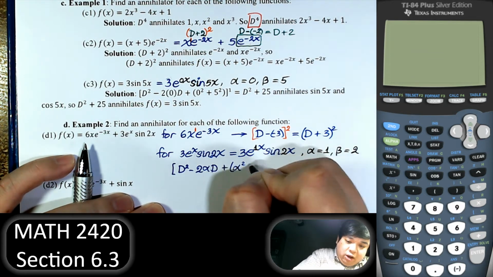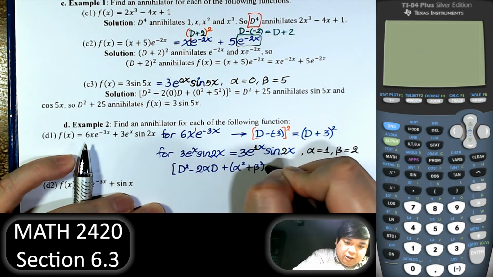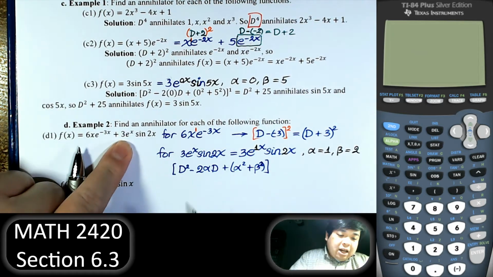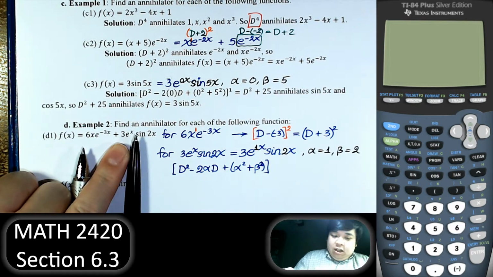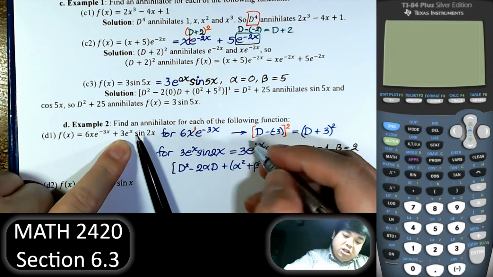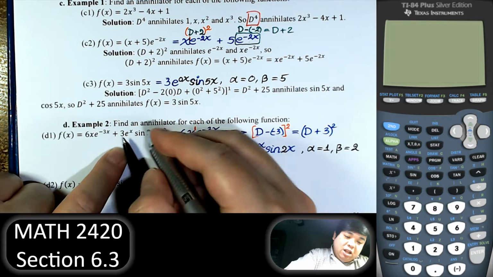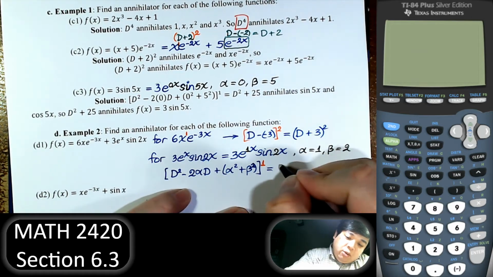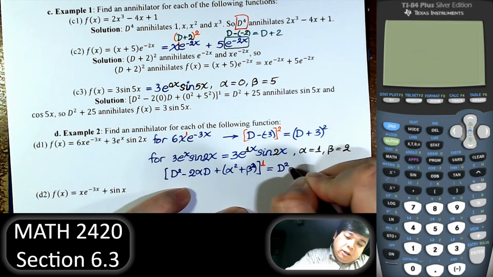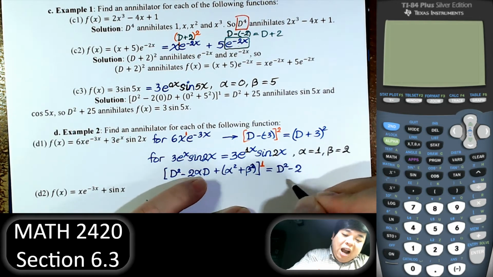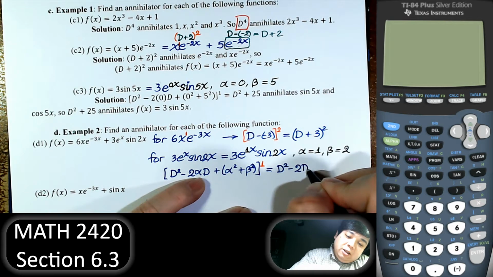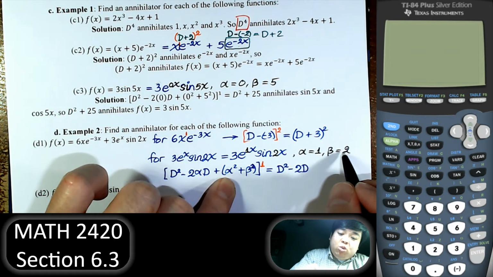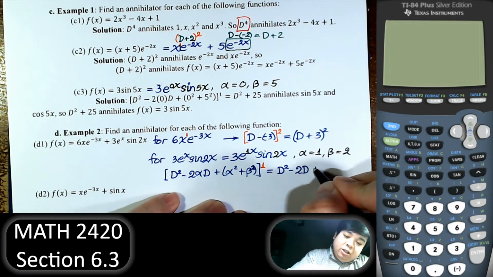Now, notice that there's no power of x here, so in that case we just need the first power, because there's no power of x. So we have d² − 2, alpha is 1, alpha squared is 1, beta squared is 2 squared, which is 4, and 1 plus 4 is 5. So we have that.